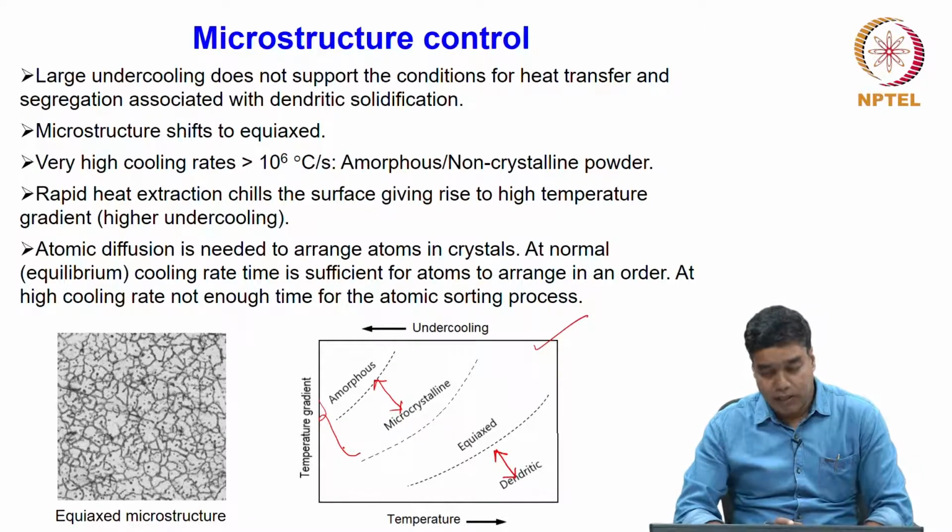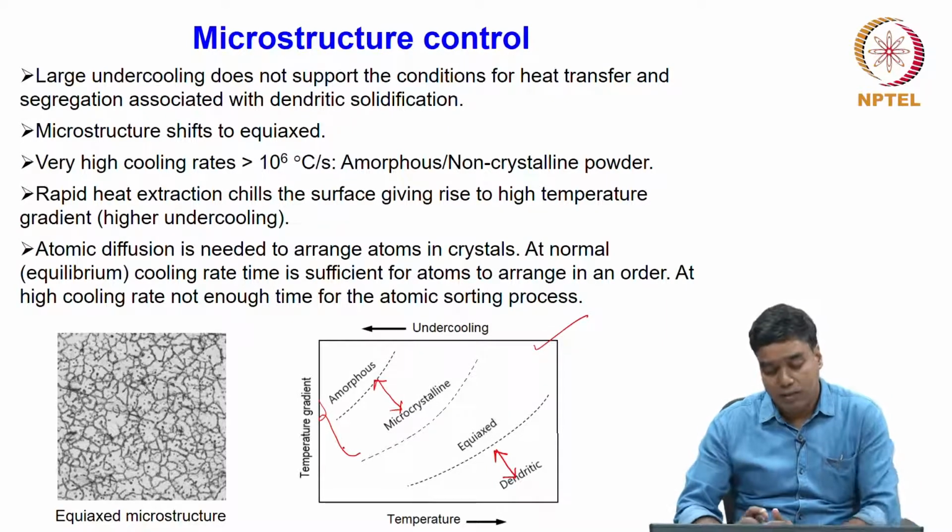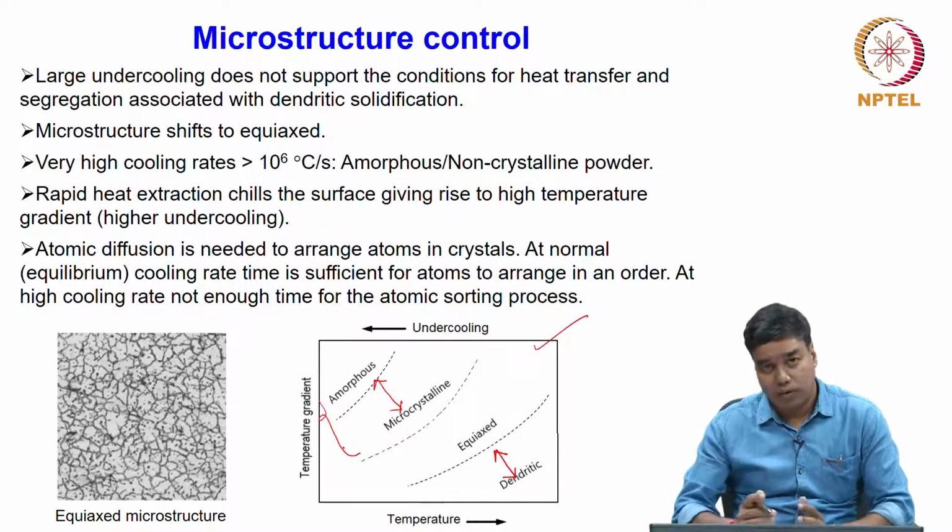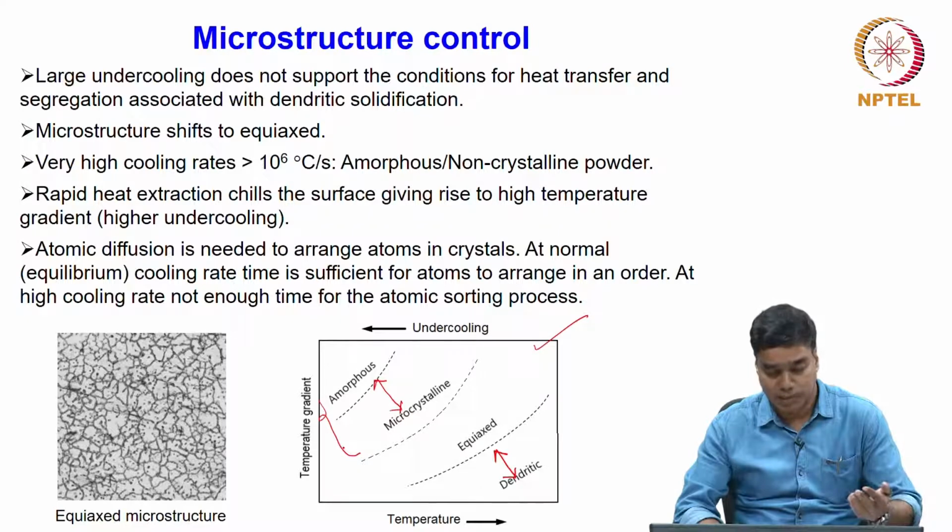But right now I can briefly tell you as far as these process parameters are concerned, what are those conditions which might either favor formation of a microcrystalline or a polycrystalline material, or formation of an amorphous or glassy materials.